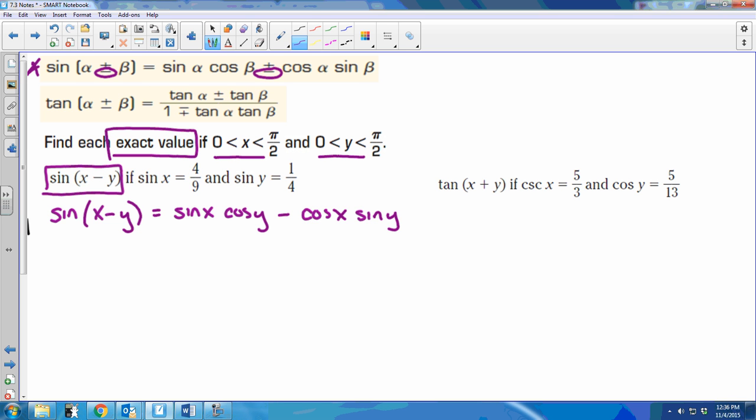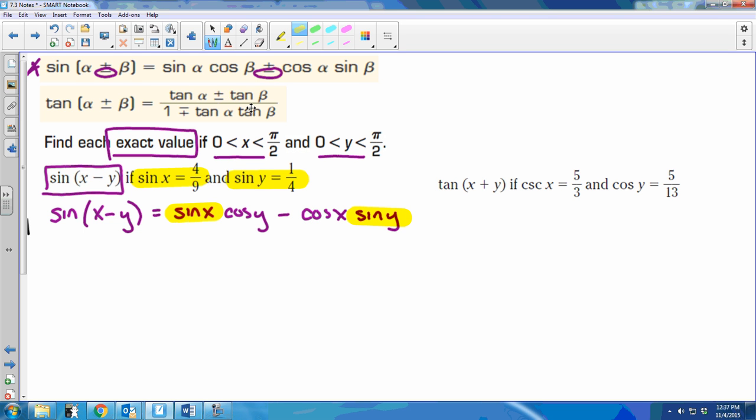I just changed the alphas and betas to X's and Y's. Right? Okay. Well, they give us some information. They tell us that sine of X is 4/9 and sine of Y is 1/4. So we have that piece and that piece.